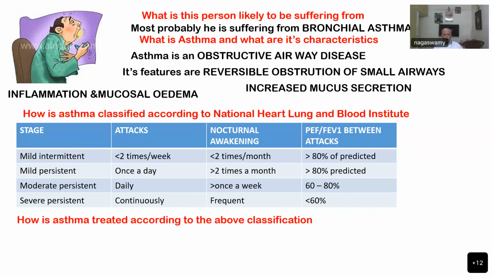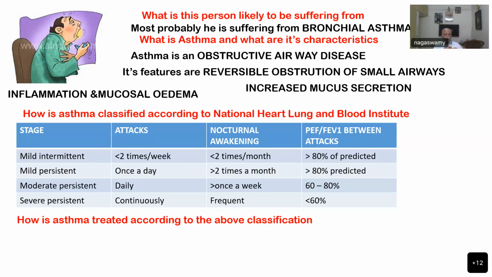Anesthetists are being considered as perioperative physicians. So without referring to anybody, we should know how to treat a patient and optimize them before surgery. So if the patient comes under any of these categories, how do you treat them?